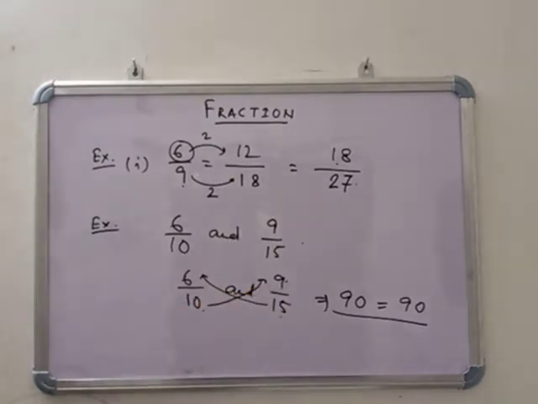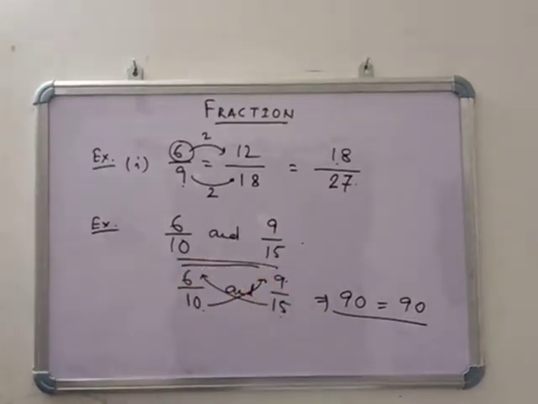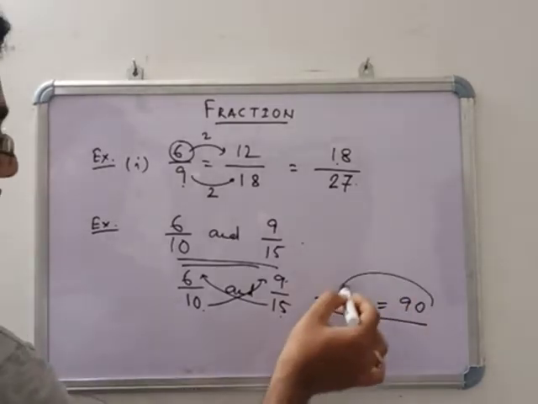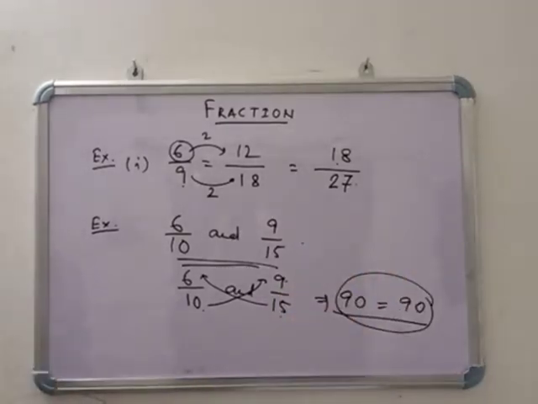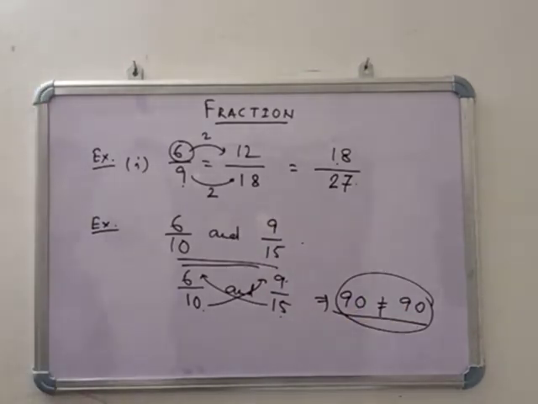These are equal. So these two fractions are equivalent fractions. If the cross multiplication numbers are not equal, then these are not equivalent fractions.